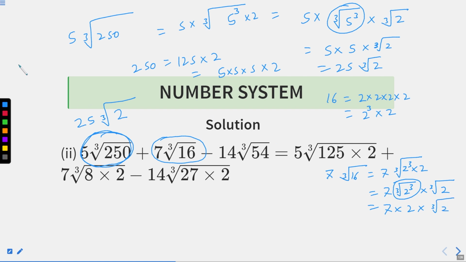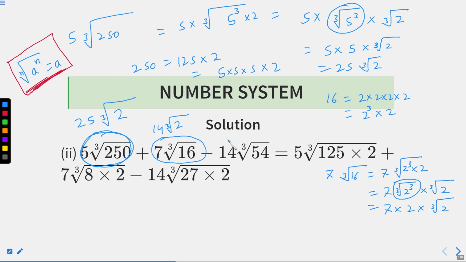So you see this property, the nth root of a to the n is equal to a, it is very handy in our questions. So do remember it or memorize it. So from this it is 14 times cube root of 2.